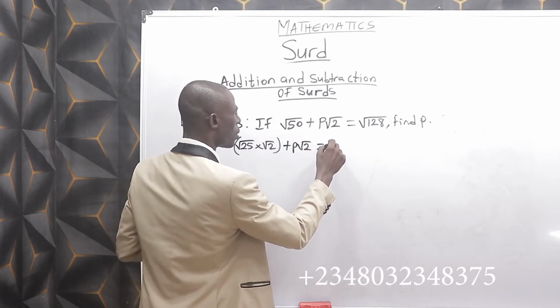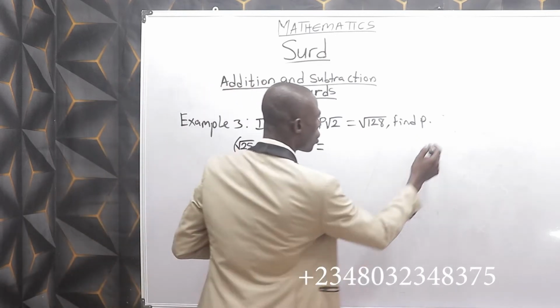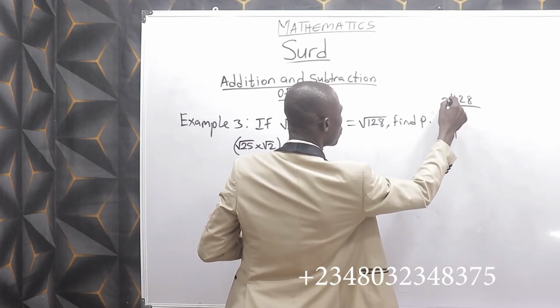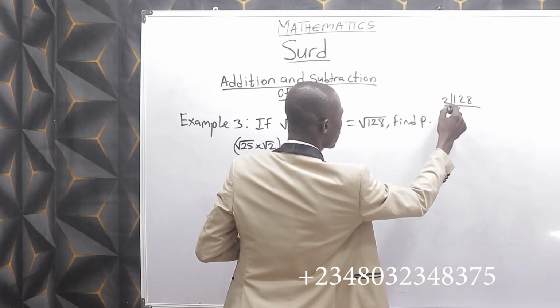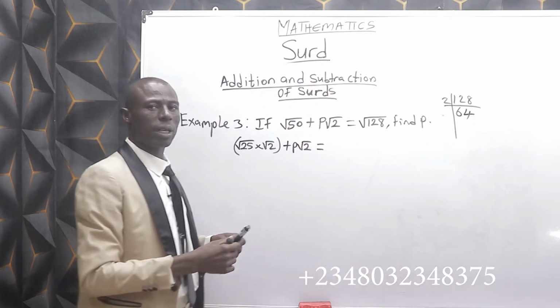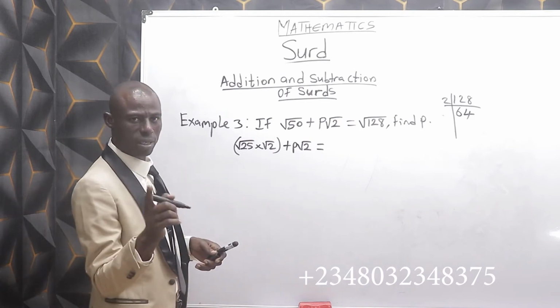Equals, you break 128 into factors. 1, 2, 8. 2 in 12, 6. In 8, 4. You can see that 128 could be 2 times 64. So that 64 is a perfect square, don't forget.